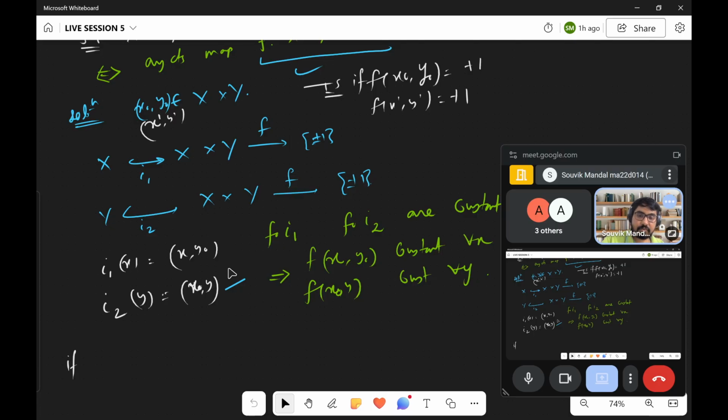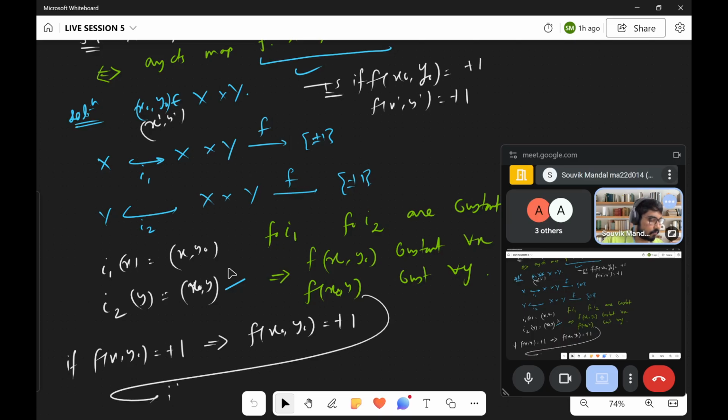If f of x comma y naught is equal to plus 1, that implies f of x naught comma y naught is equal to plus 1, and if f of x naught comma y is equal to minus 1, this implies f of x naught comma y naught is equal to minus 1.